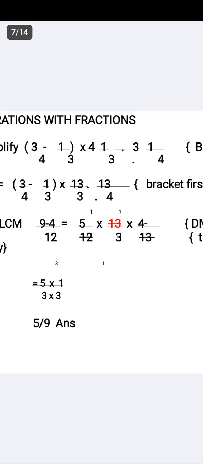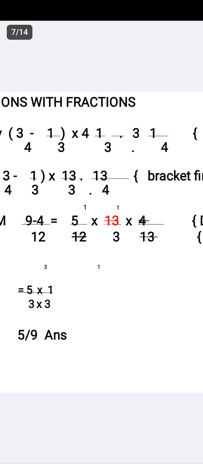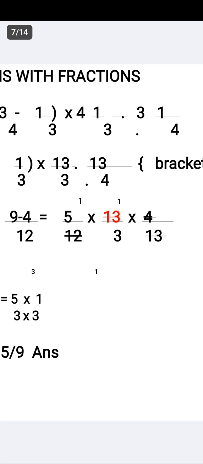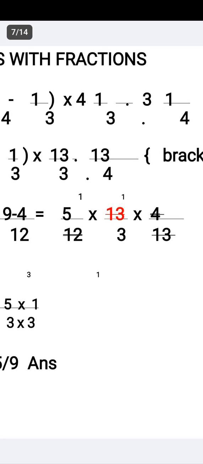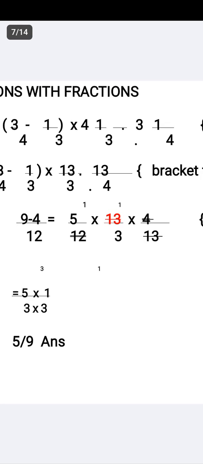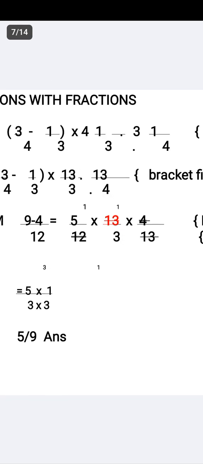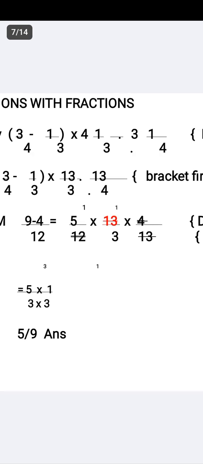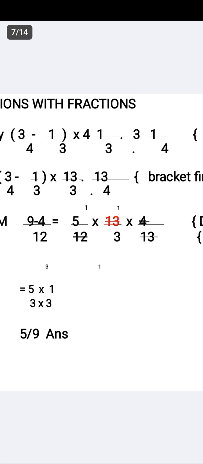To divide a fraction, we take the reciprocal and multiply. So the question now becomes 5 over 12 times 13 over 3 times 4 over 13.